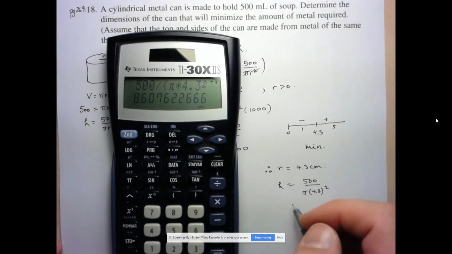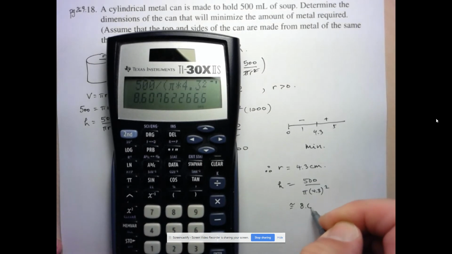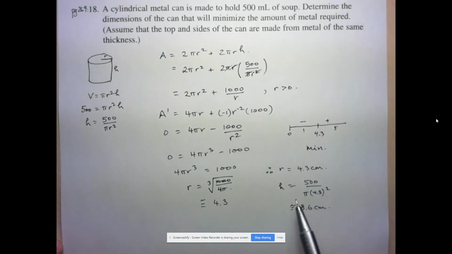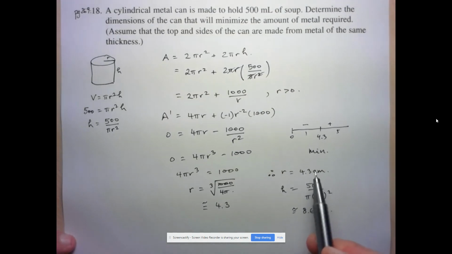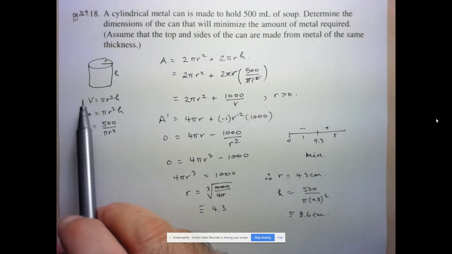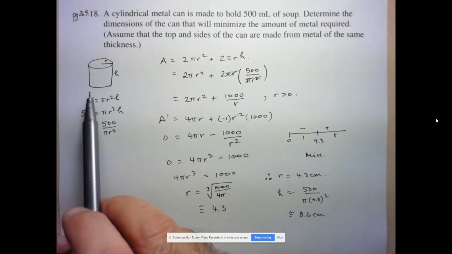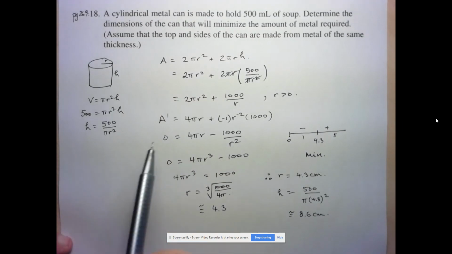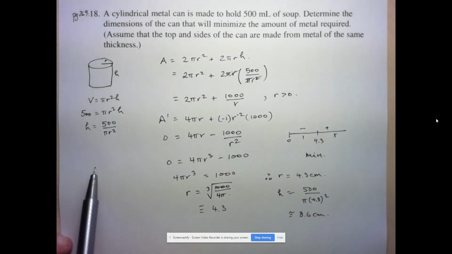Okay, and there we've got around 8.6. Okay, now you'll notice here that the height is exactly double the radius. Okay, and when there's no other conditions on a cylinder, the optimal cylinder will be the one whose diameter is the same as the height. But we couldn't assume that. We needed to show that using these steps.